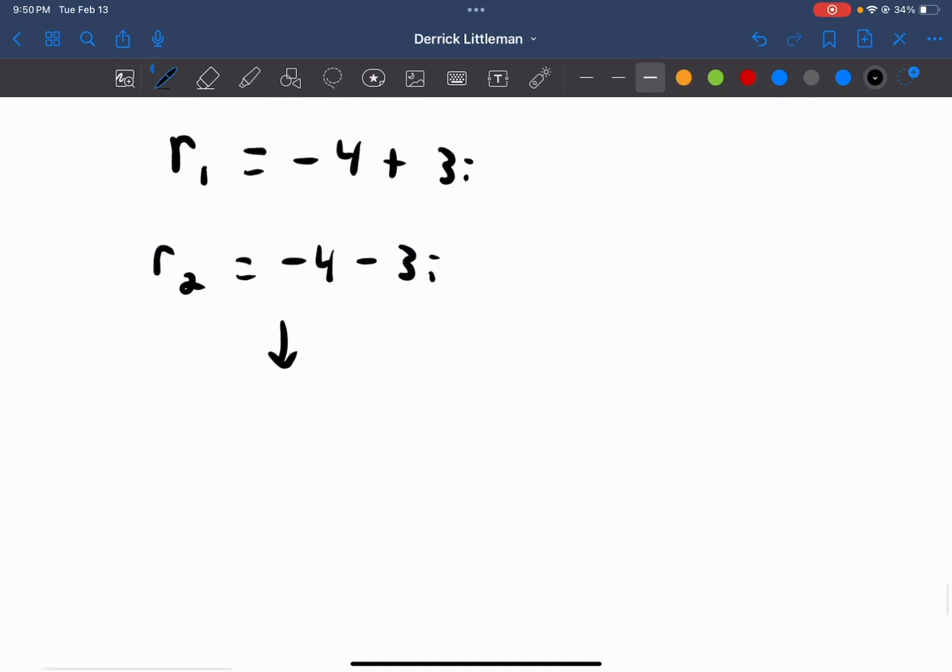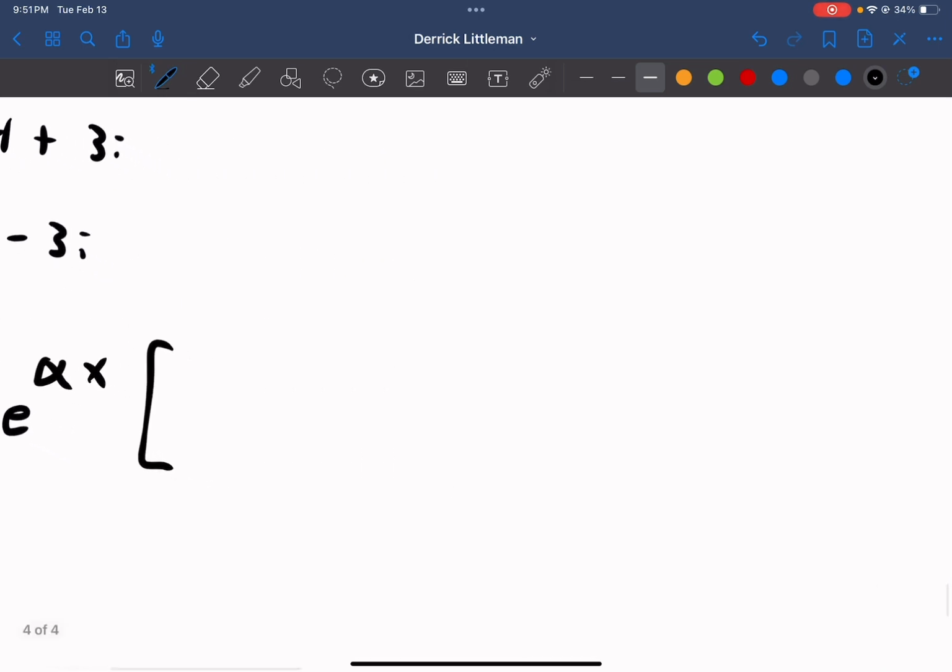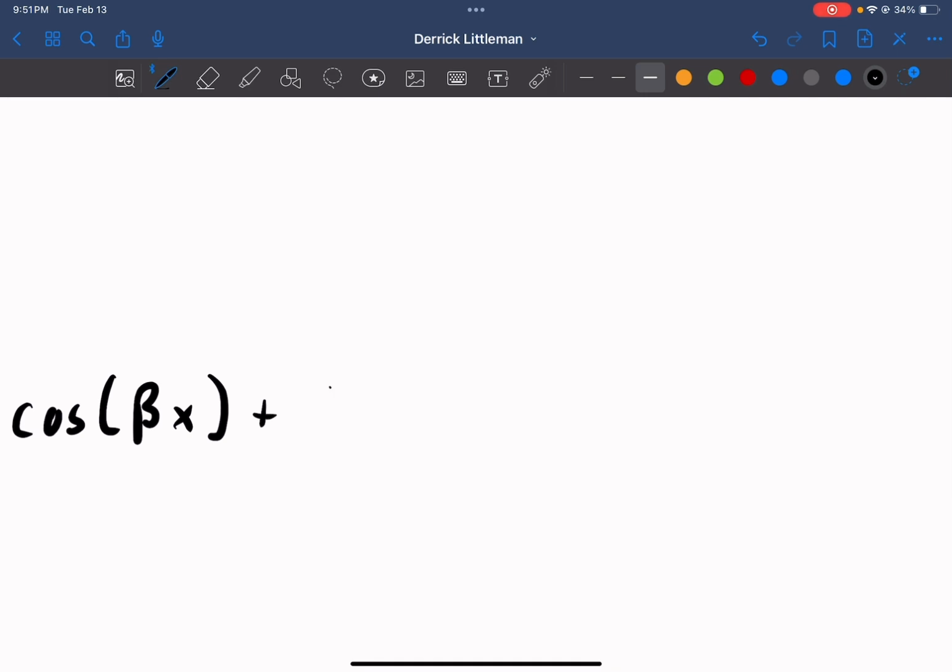And the general solution is going to be in the form y of x is equal to e to the alpha x times c1 cos beta x plus c2 sin beta x.